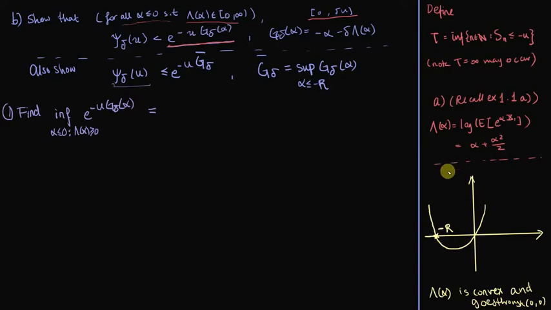So the only alphas that are negative for which the cumulant generating function is positive are those alphas that come before minus r. And therefore, finding the infimum of e to the minus u g delta alpha over this set is exactly the same as finding the infimum over the set of alphas that are smaller than or equal to minus r.